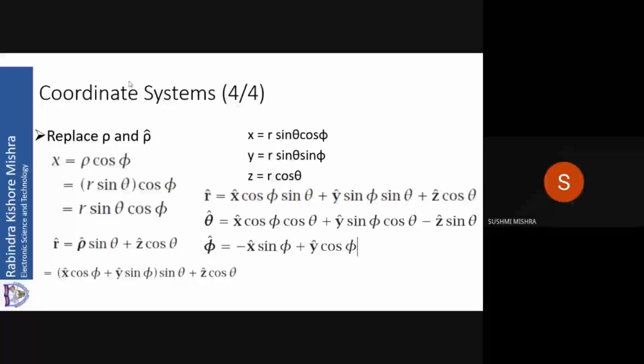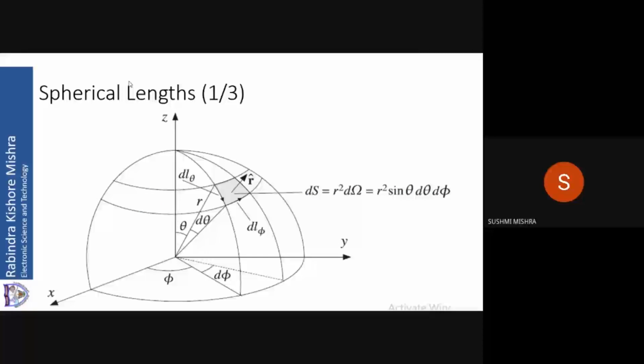So now we are equipped with whatever is required for handling the spherical coordinate system in our further analysis. So everything we have found out now. We can use them. So let me now define something called the spherical length.